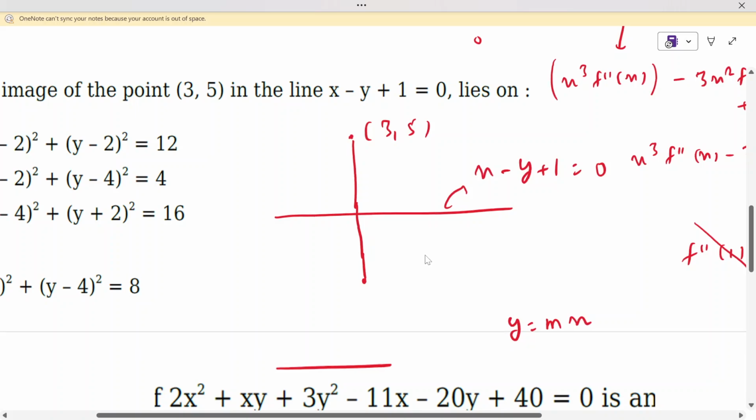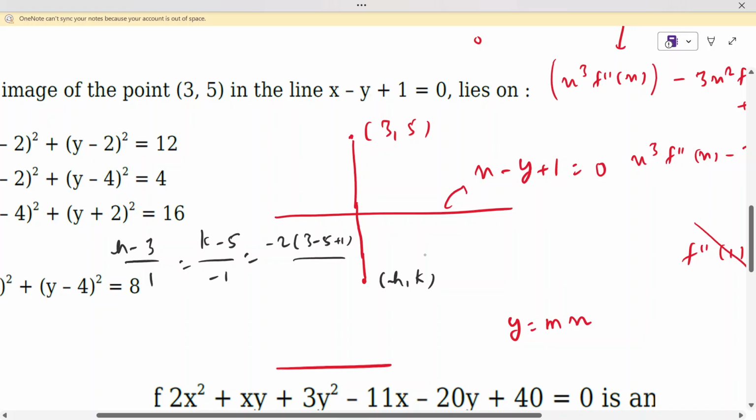So that's also a concept we can keep in mind. It will improve your solving part. Okay. So 3 comma 5, let's say this particular point is h comma k. Then I can write h minus 3, k minus 5, upon 1 minus 1, should be equal to minus 2 into 3 minus 5 plus 1 over 2. This one cancels.